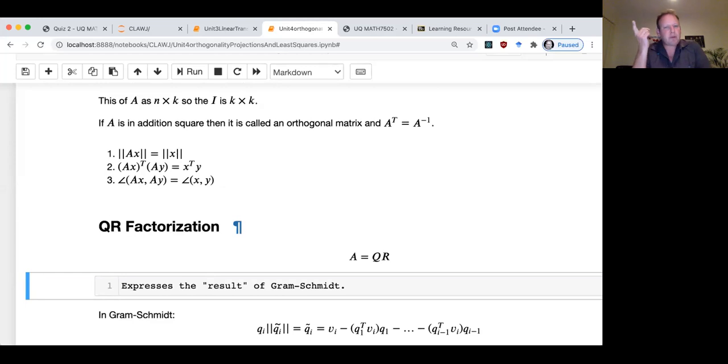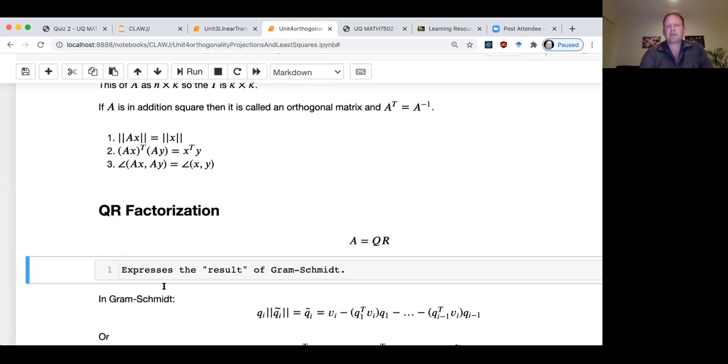Now, if you remember, the LU factorization encodes the steps of Gaussian elimination. And remember, you have PA equals LU because maybe there were some row swaps, and we never really got into that fully. Guess which algorithm QR describes? It's Gram-Schmidt.